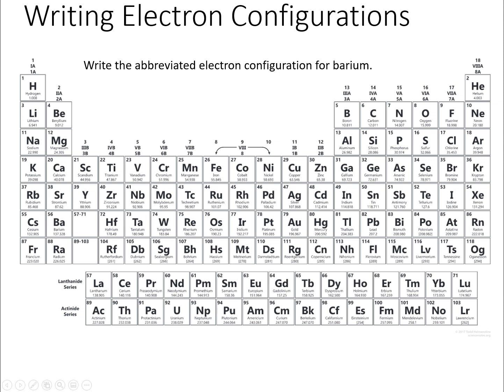So I'm not going to do all of the labeling that I did before because it's kind of time consuming. I will, however, label what we need to write this configuration. And I was just going to do the abbreviated configuration, but I think we should do the full and the abbreviated for barium.